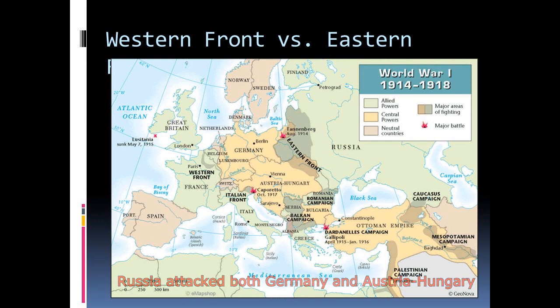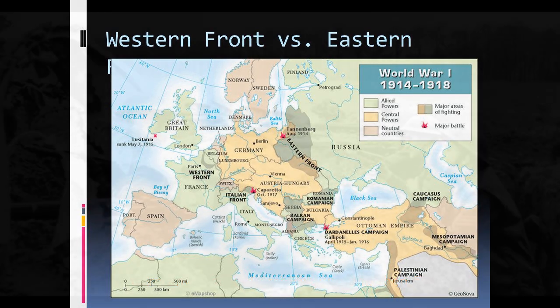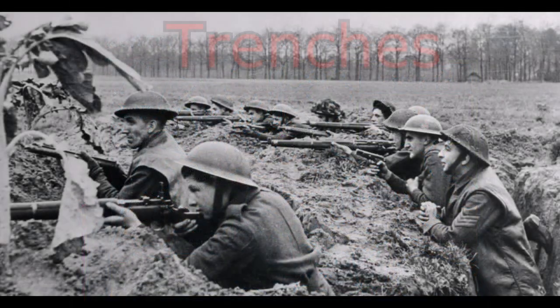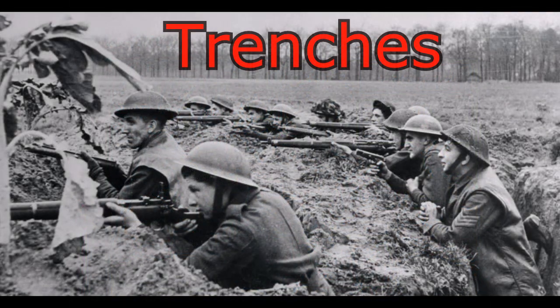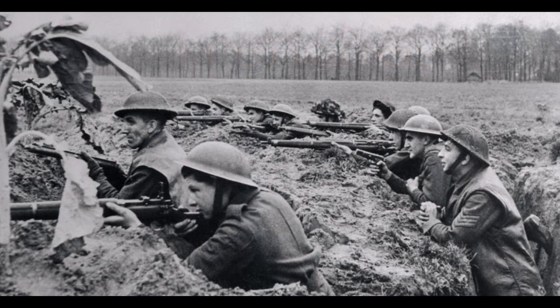This is in the Eastern Front. Then Germany attacked first Belgium and France in the Western Front. All these attacks later on turned into trenches in central France and remained that way for the rest of the war, even on the Eastern Front as well.